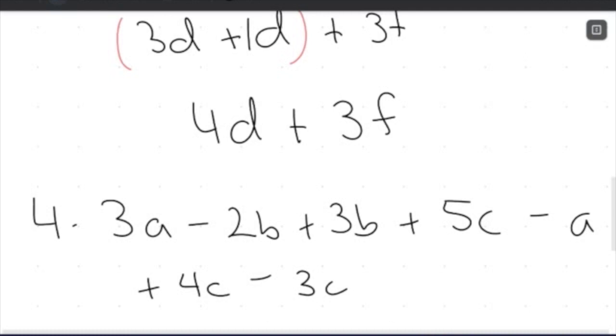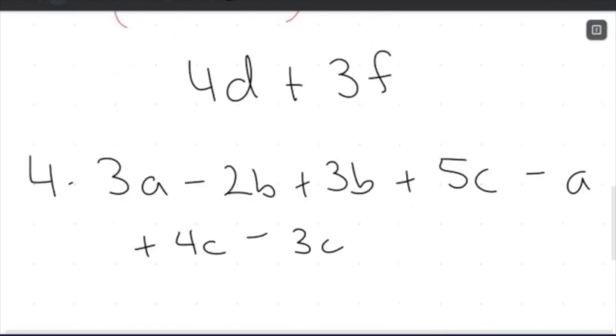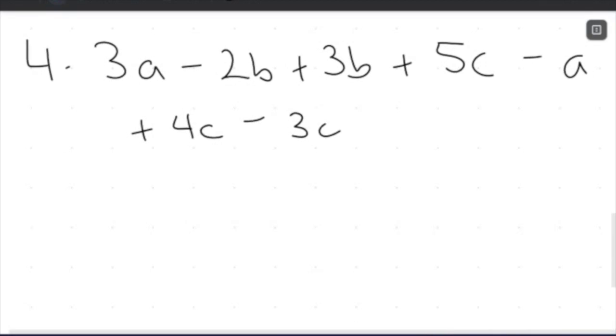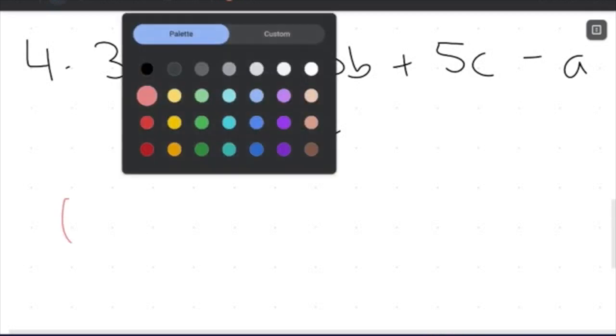Here I've got a third set of like terms. I've got a, b, and c. And we can work through this the same way. I'm going to group these again. I'm going to be left with 3a minus a. They're my first set of like terms.